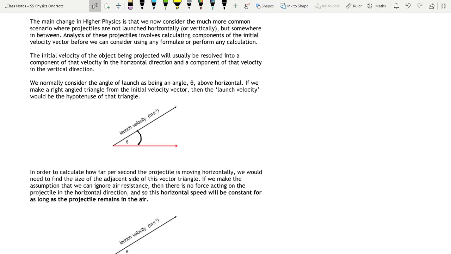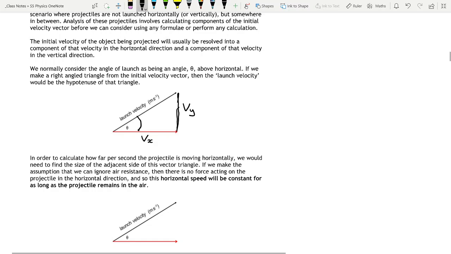So that would be your 20 meters per second, and that would be your 30. But that's not useful for us in projectiles. What we need is the horizontal component and the vertical component. So we draw this triangle here. We've got a right-angled triangle. We'll call that our x and that our y.